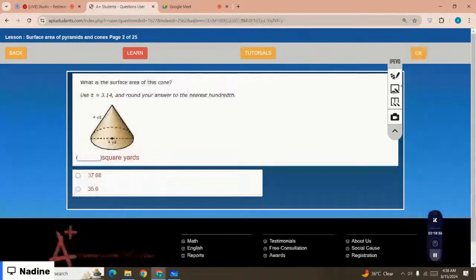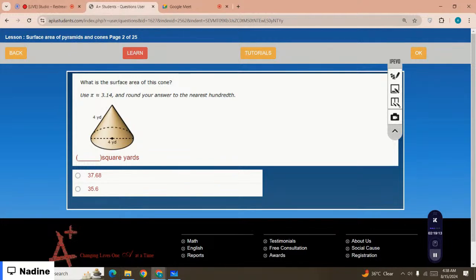The next one is, what is the surface area of the cone? So how do we calculate the surface area of the cone? You have to calculate the area of the circular face, right?